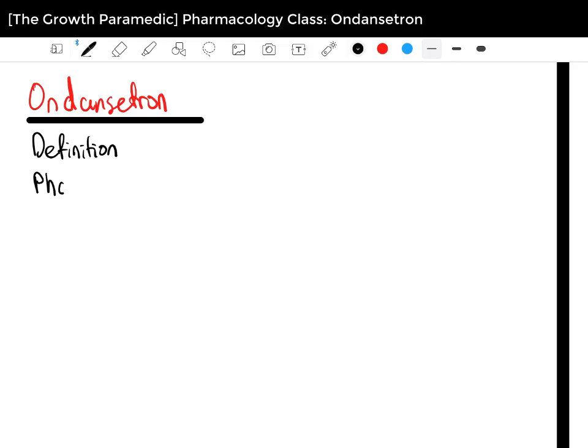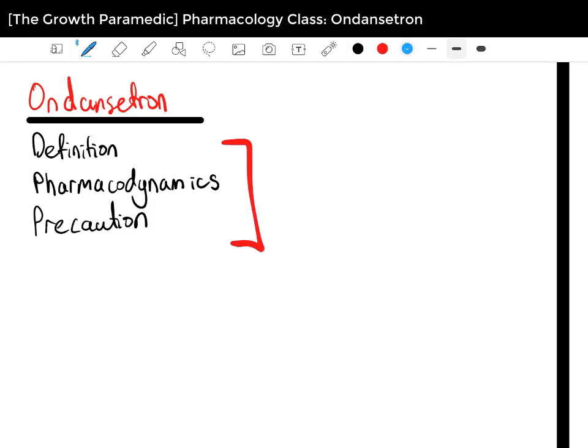We'll also talk about the pharmacodynamics, so how the drug works in the body, and also the precautions that you should be aware of, or what I believe that you should be aware of if you're going to administer the medication. And as per usual, all this will be time stamped. So if you are in a rush or you need to quickly go to a certain area, you need to know about the pharmacodynamics, you can just quickly skip this.